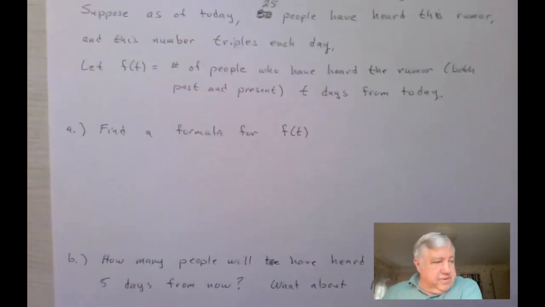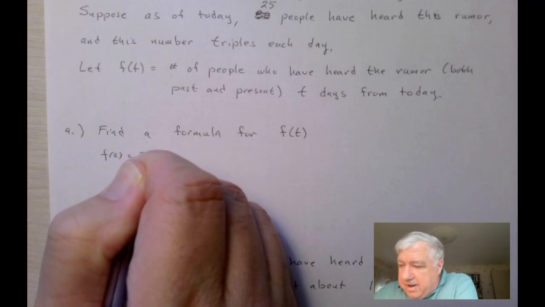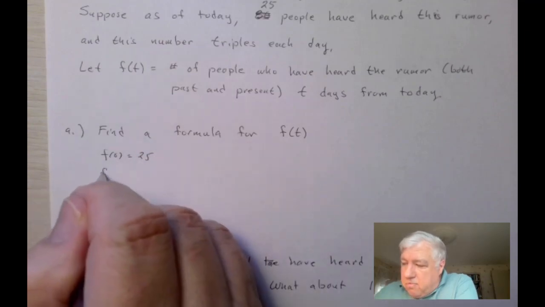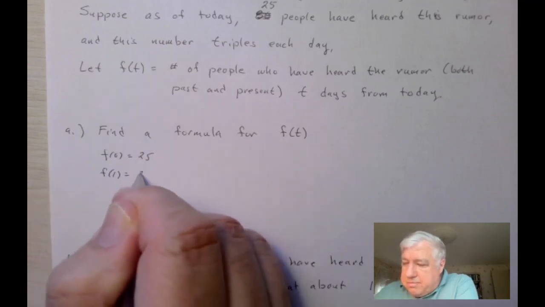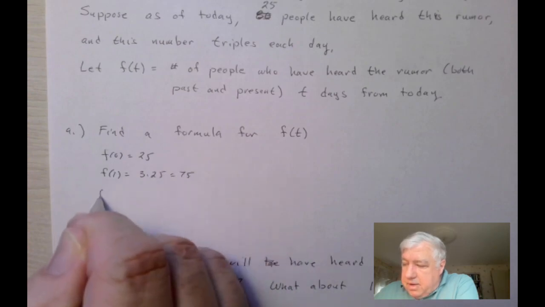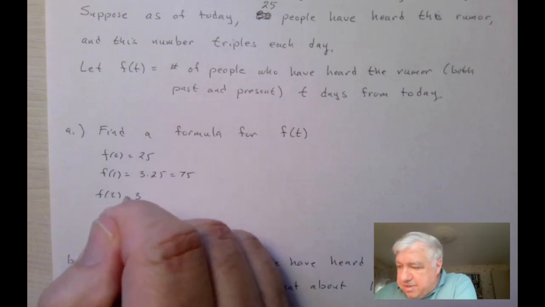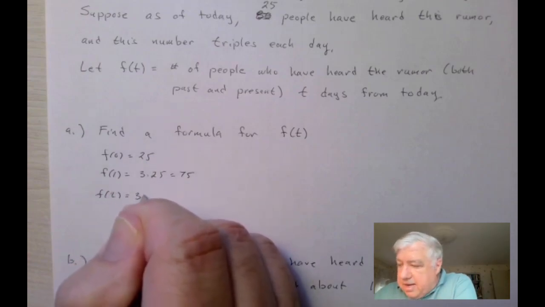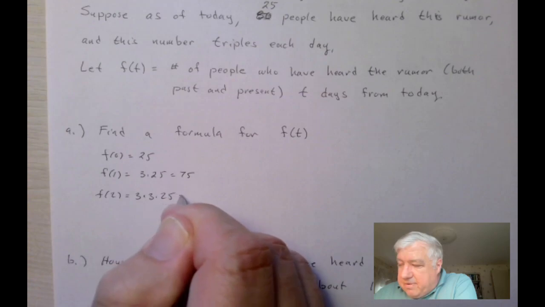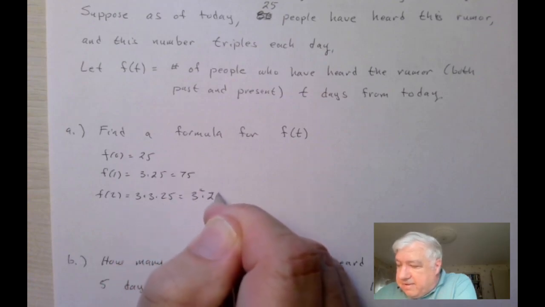Well, let's just look at a few values. So we know that f of 0 is 25. f of 1 would be 3 times 25, that would be 75. f of 2 would be 3 times this, so this would be 3 times 3 times 25, or 3 squared times 25.